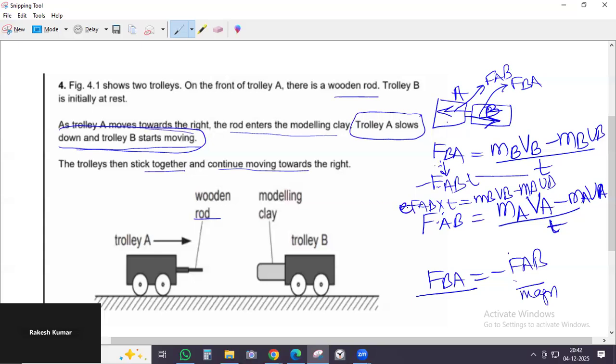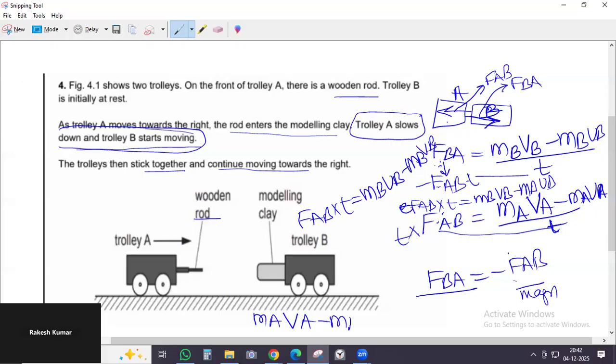If I take the minus to the other side, FAB into T is equal to MB UB minus MB VB. Now this also I can do into T. Both of them are the same, so I get a new equation: MA VA minus MA UA is equal to MB UB minus MB VB.